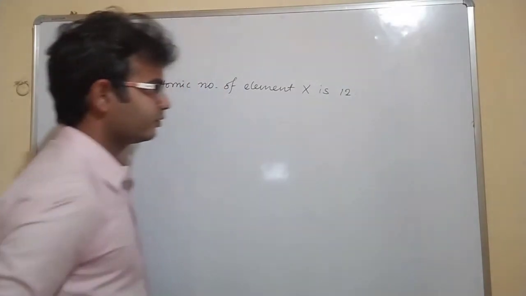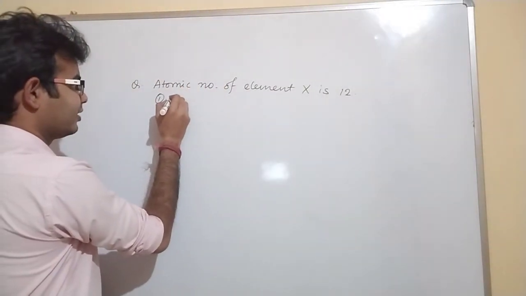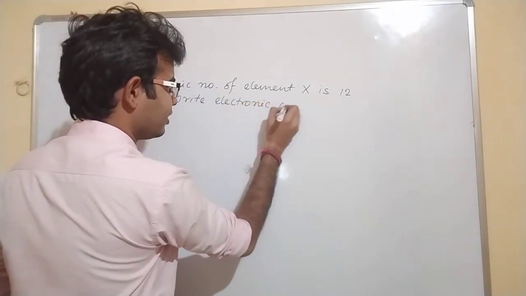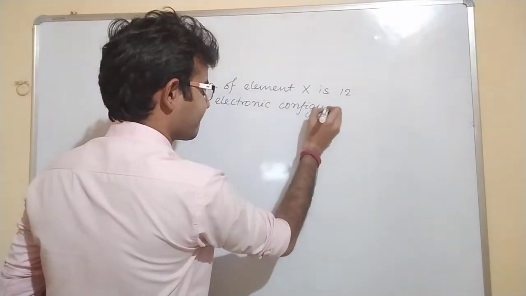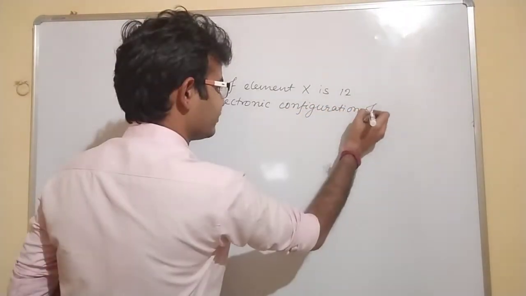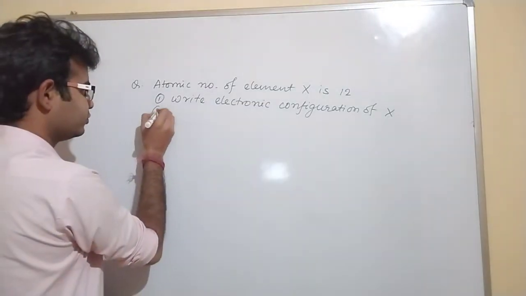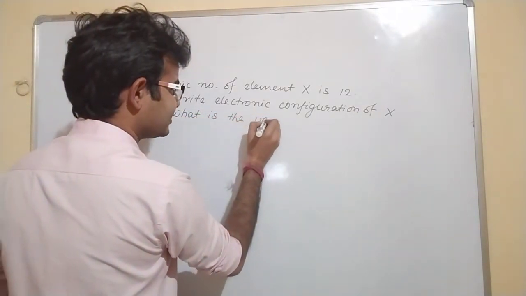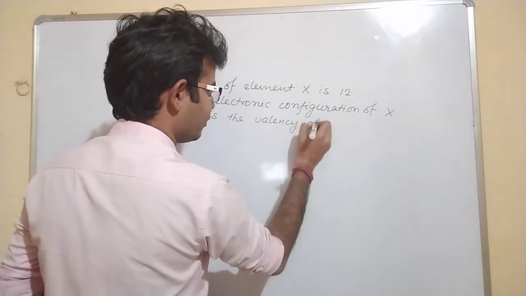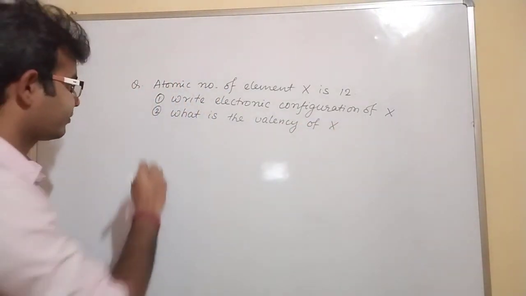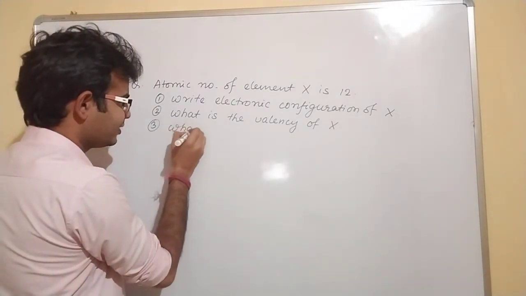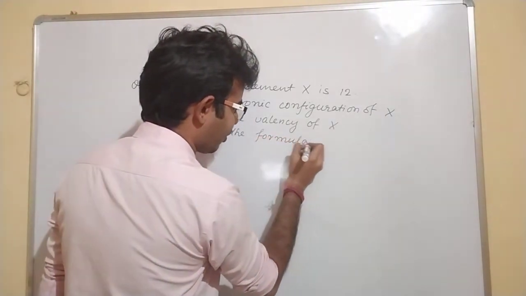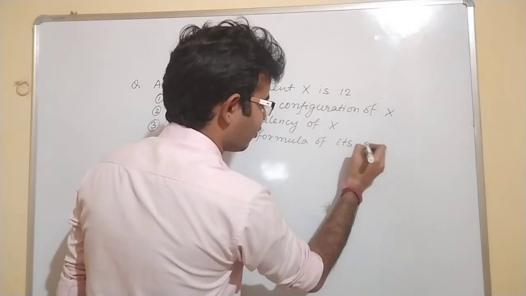Okay, number 1, configuration of X. Number 2, what is the valency of X? Okay. What is the formula of its oxide?